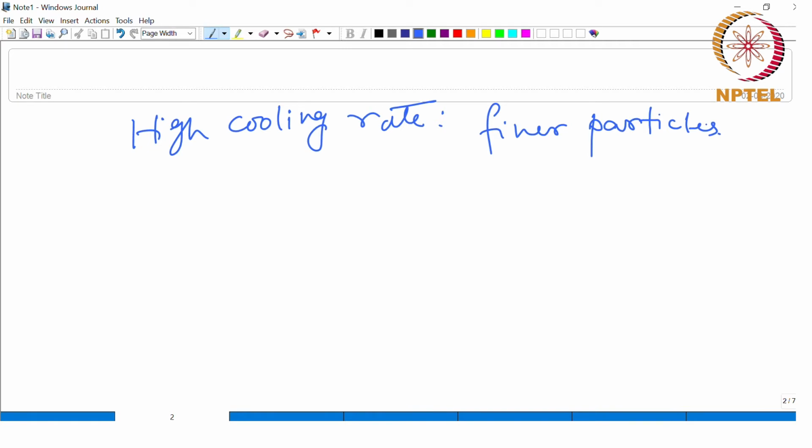Okay, and this will also have a bearing on the thermal gradient in these solid particles which are forming from a liquid stream, as we have seen before.